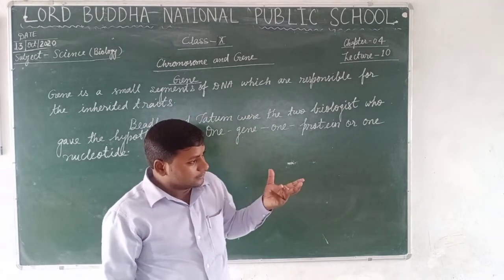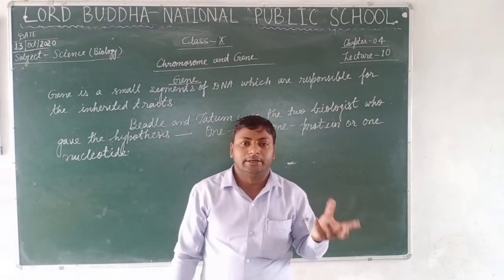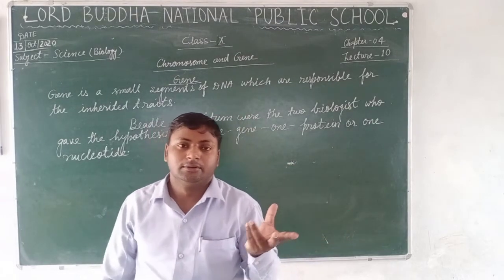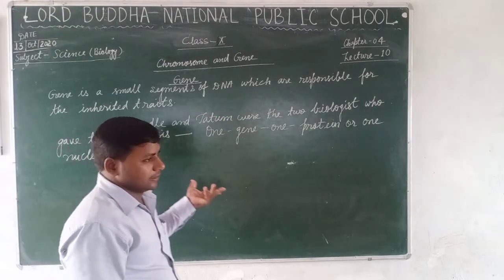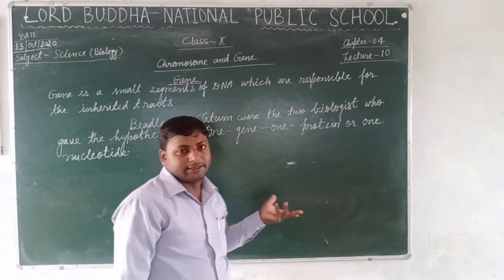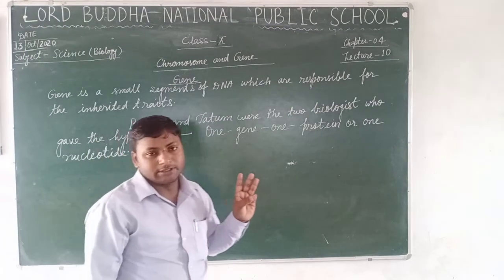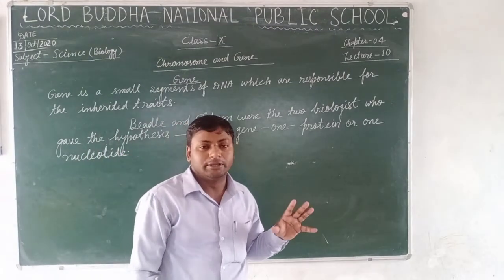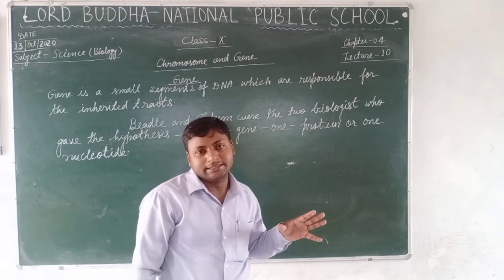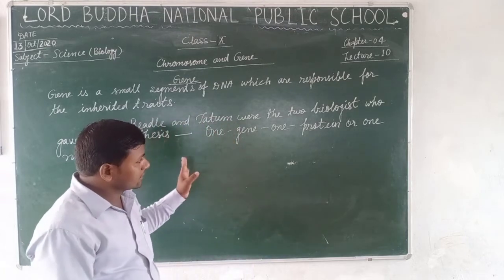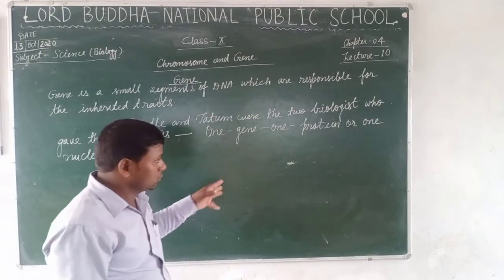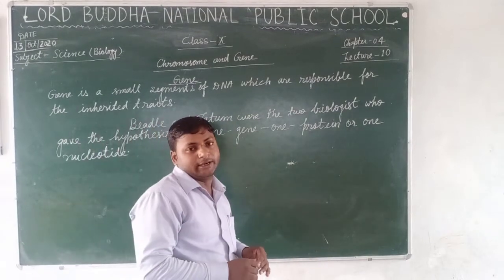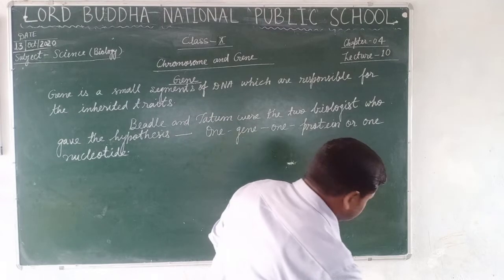In the synthesis of such traits, two types of biochemical reactions take place. The first is replication or duplication of DNA, and the second is translation. With the help of translation, new segments of nucleotides or traits are formed.